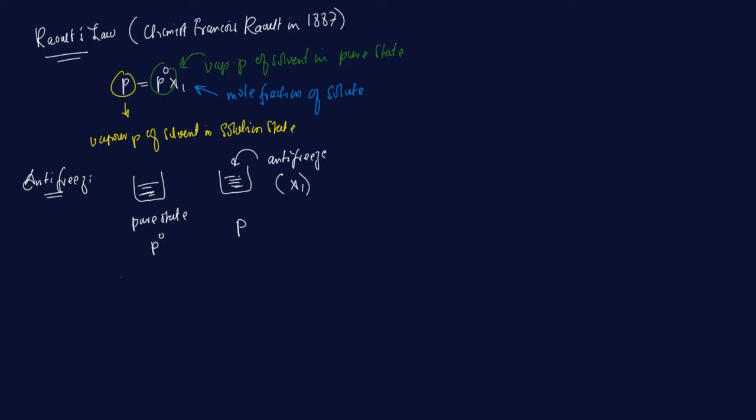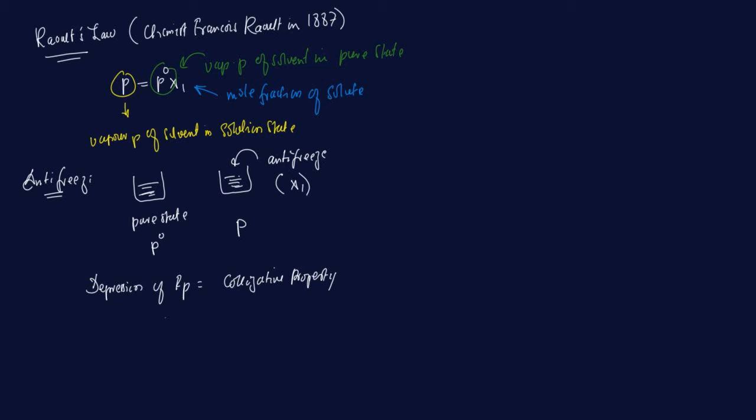So depression of freezing point is a colligative property. Colligative properties are those properties which depend upon the number of solute particles rather than their nature.